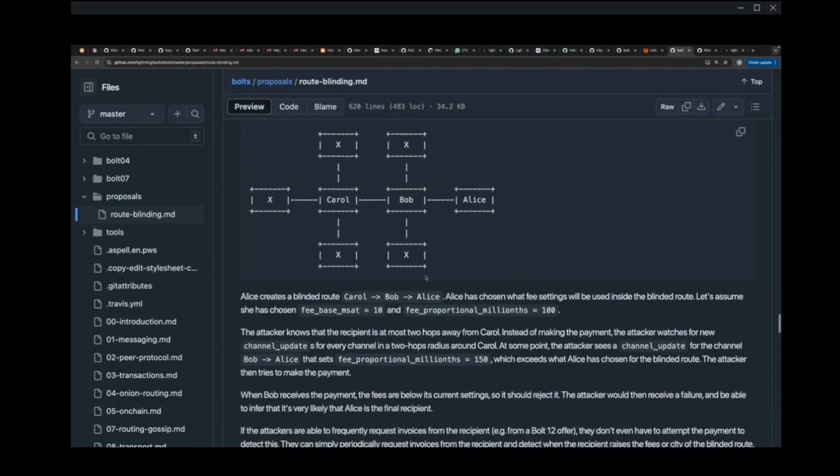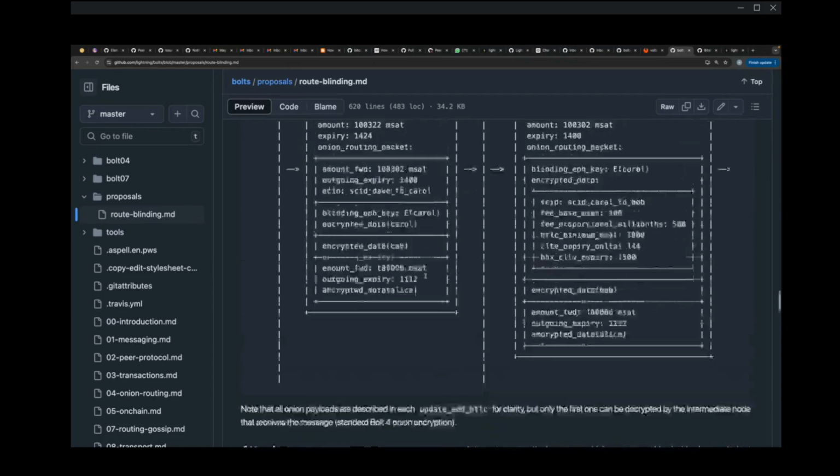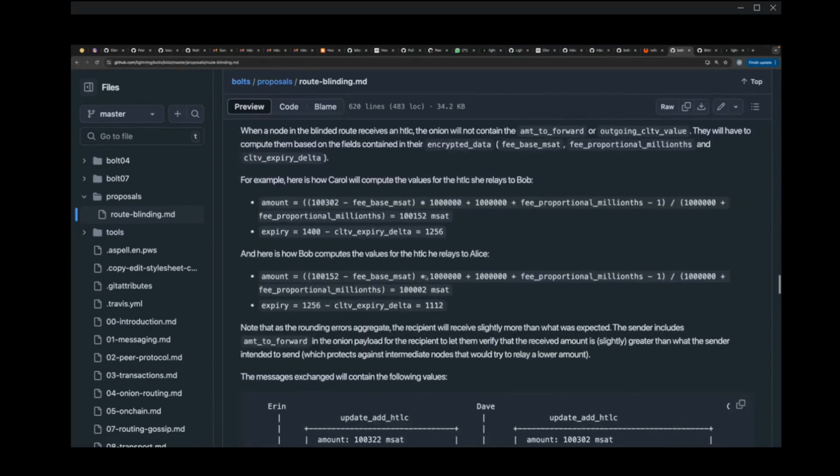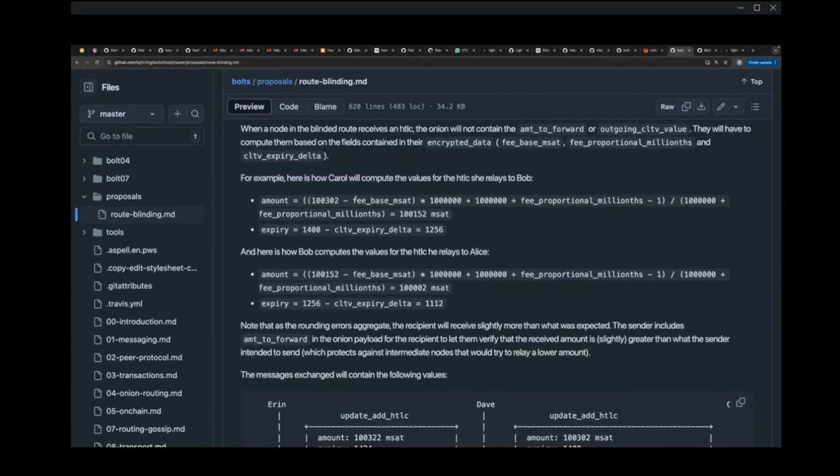So if you look at route blinding, this one is a different protocol from the native onion routing that is right now used in Lightning. The sender node does something different than what it does currently in the native system.